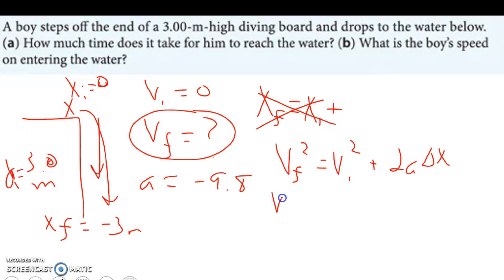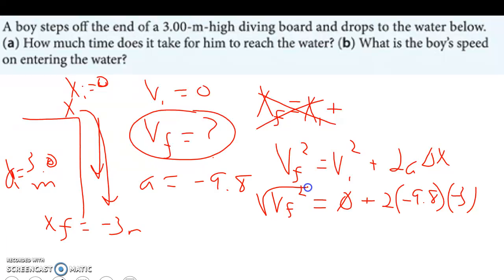Velocity final, we don't know. Our initial velocity is 0. Then 2 times our acceleration of negative 9.8. Our change in position is going to be negative 3. So in our calculator we solve: 2 times negative 9.8 times negative 3 equals 58.8.